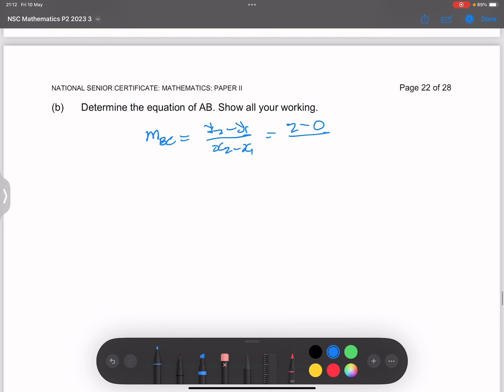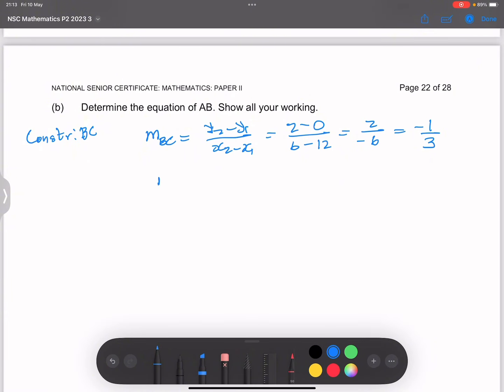So that will be 2 over negative 6, and that gives us negative 1 over 3. So that's the line BC that we've constructed. In fact, we should have stated that: construct BC.